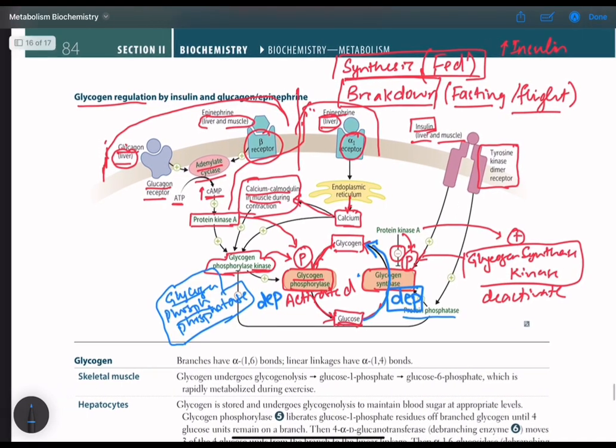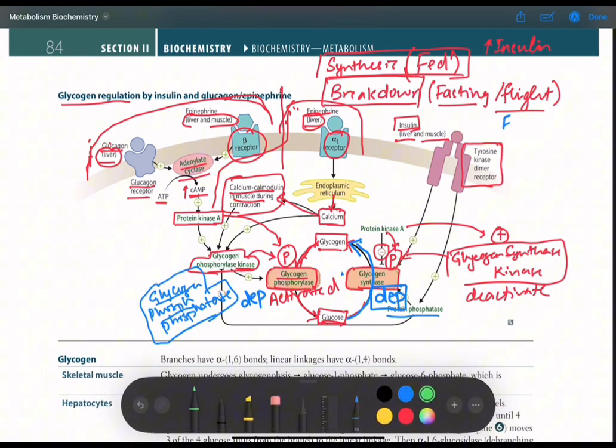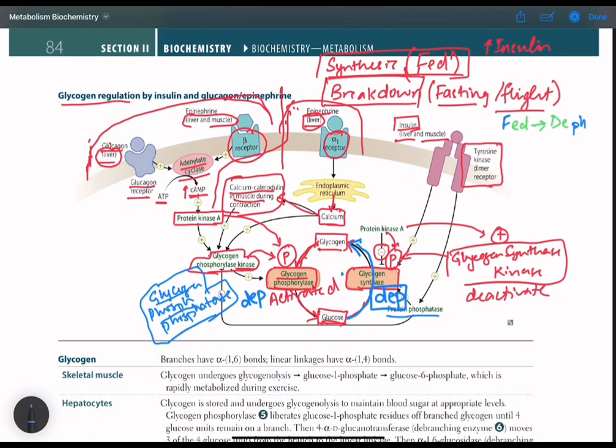The easy way to remember is that in fed state, if you look at the names, fed state leads to dephosphorylation. Both the names have "ed" in them. So fed state or insulin leads to dephosphorylation, while fasting leads to phosphorylation.